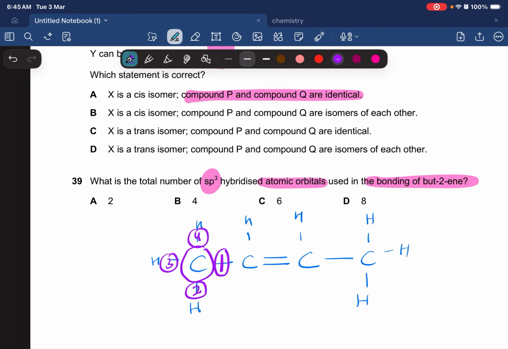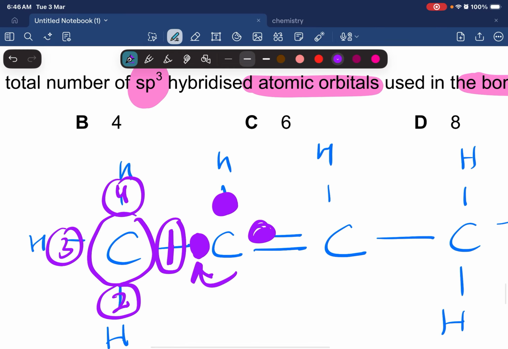What is the total number of sp3 hybridized? Then this orbital of this carbon is going to be sp2. This is going to be sp2, this is going to be sp2. Then this one is going to be sp2, and this one is going to be unhybridized.